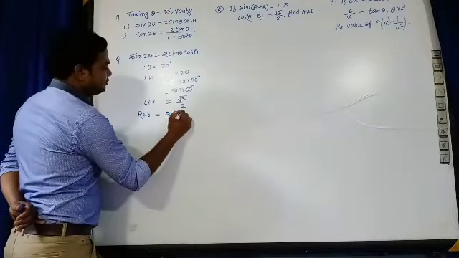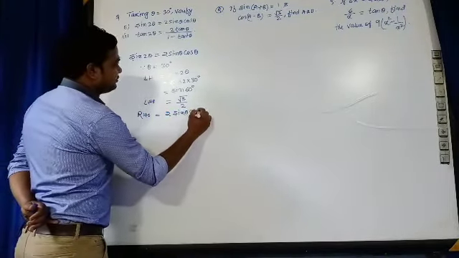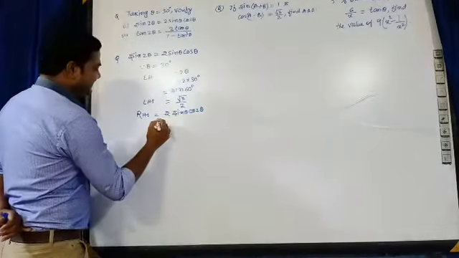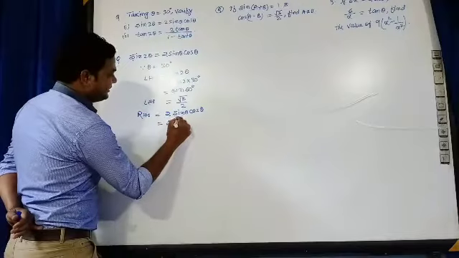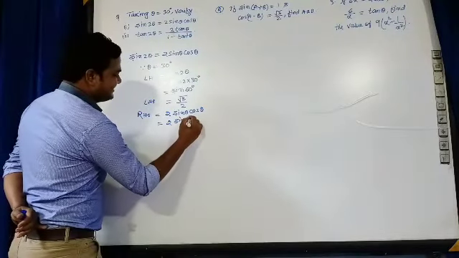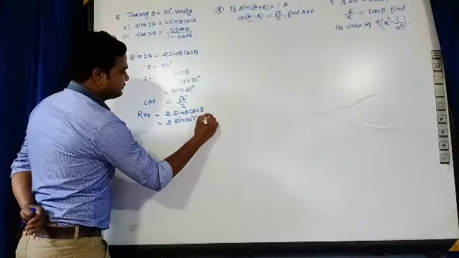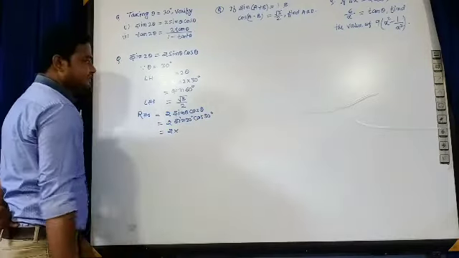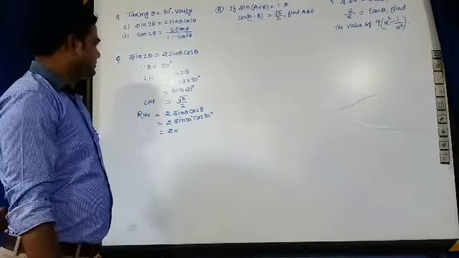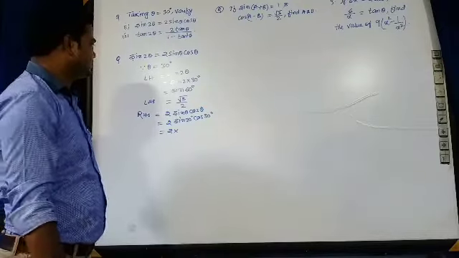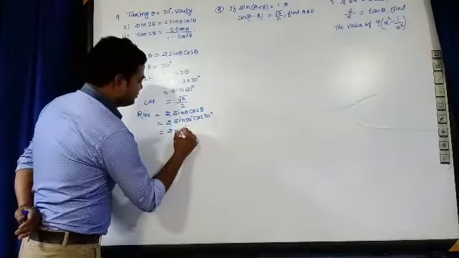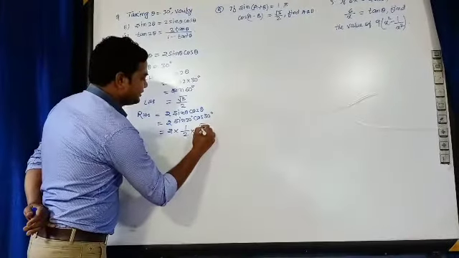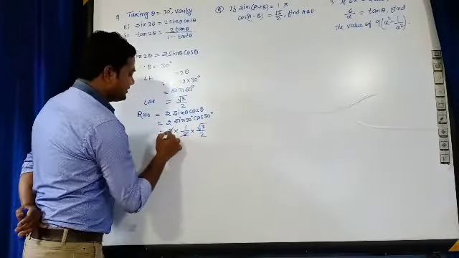RHS is 2 sin theta into cos theta. It means 2 into, what is the value of theta? Sin 30 degree into cos 30 degree. Now sin 30 equal to 1 by 2, cos 30 is root 3 by 2, here 2 cancels.